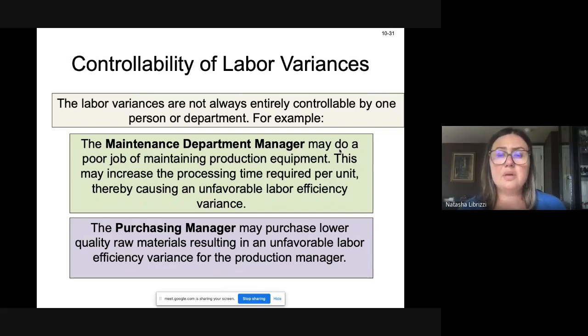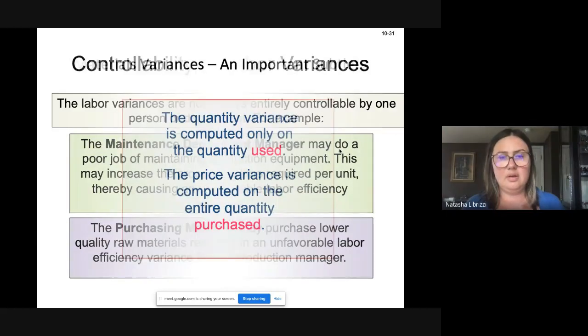The purchasing manager may also purchase lower quality raw material, and the employee has to fiddle around to fit the parts because the clamps would not sit on, because the edge is too thin, because the quality of material is not great. Those things need to be considered, and all sides of the story should be heard. But at least you can price the problem and put it into different areas.